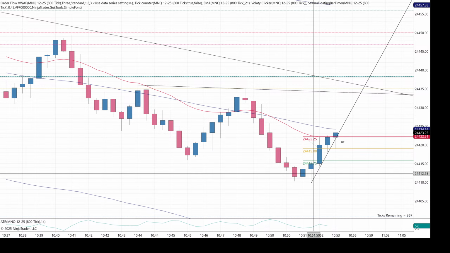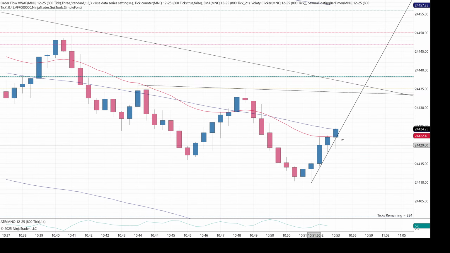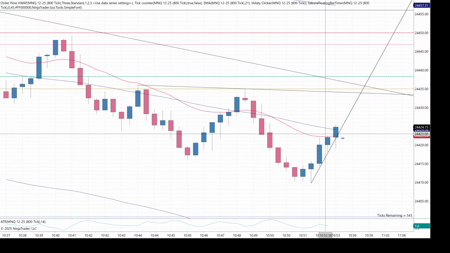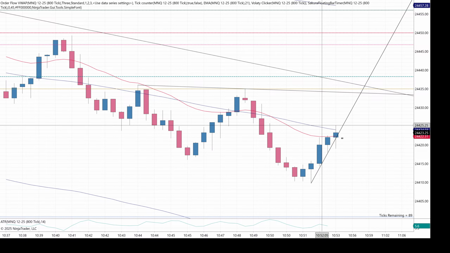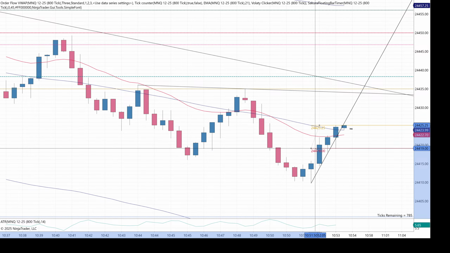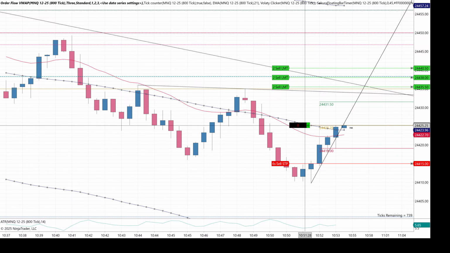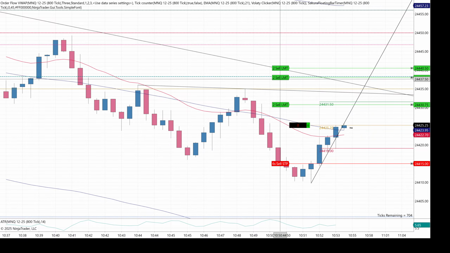It's not a very big candle. Okay, we're going north.